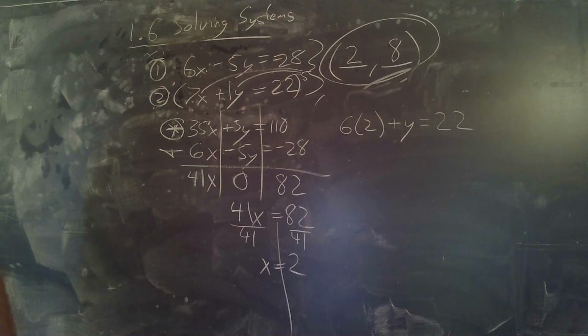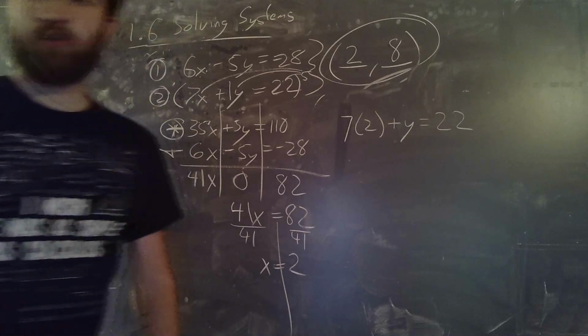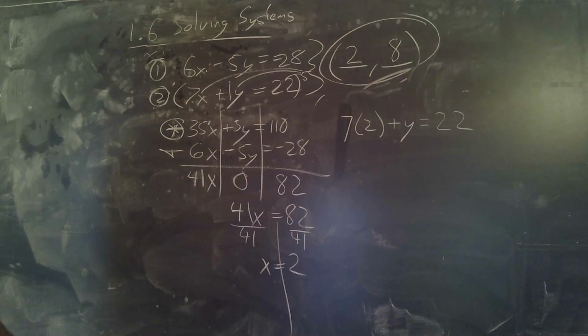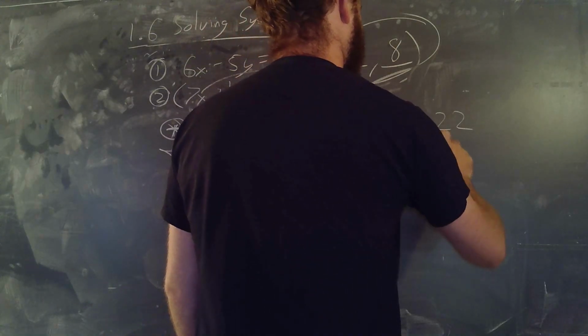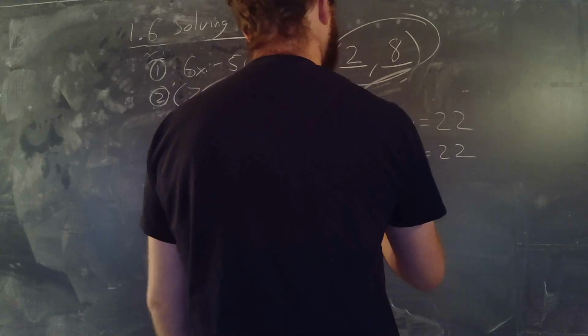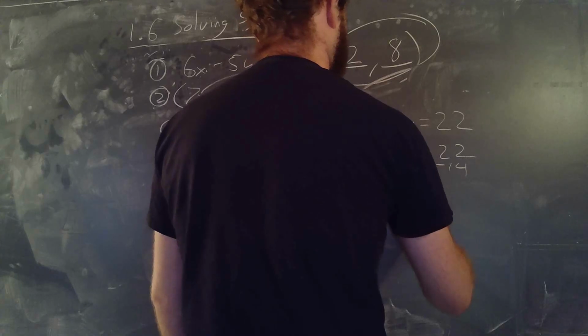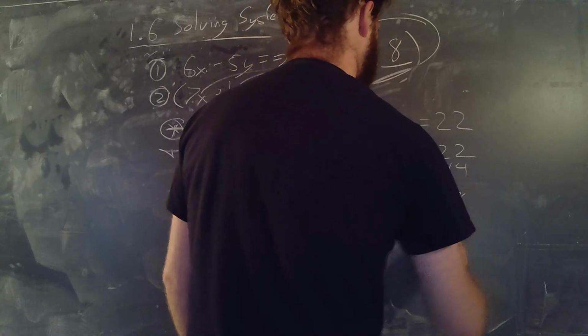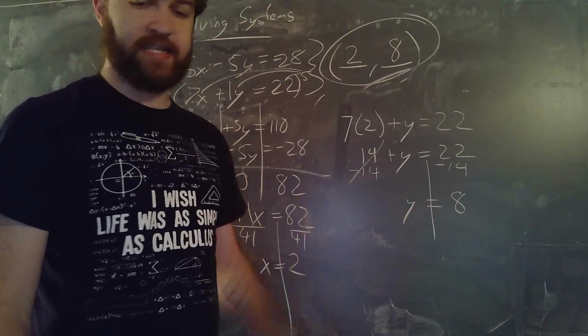I'm sorry, that's a 7, not a 6. Oops, that's a 7. And then I will try to solve this for the y variable. So notice this is 14 plus y equals 22. And then, of course, I can take 14 from both sides, which cancels it off of the left, leaving me with 8 on the right. Boom, there's our answer. X is 2, y is 8.